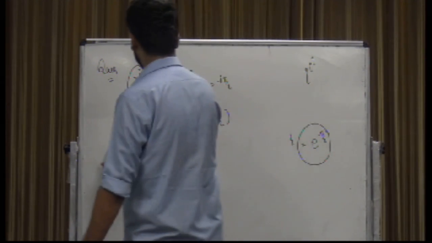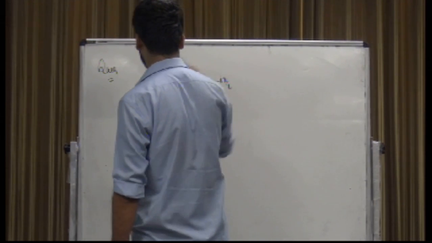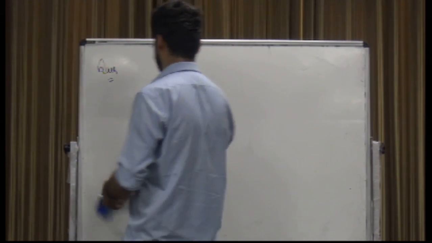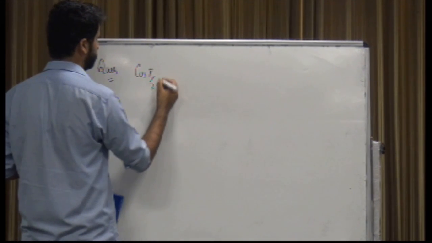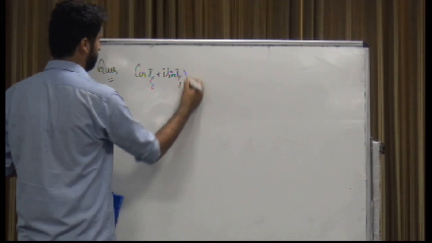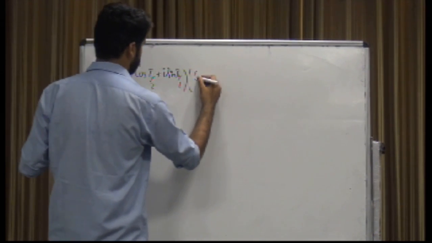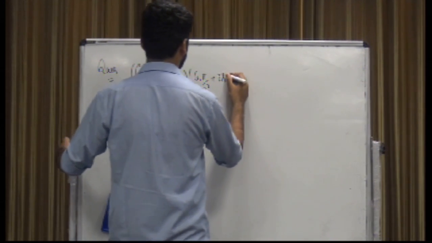Next question is, we have cos pi by 2 plus i sin pi by 2, multiplied by cos pi by 2 square plus i sin pi by 2 square, and so on.